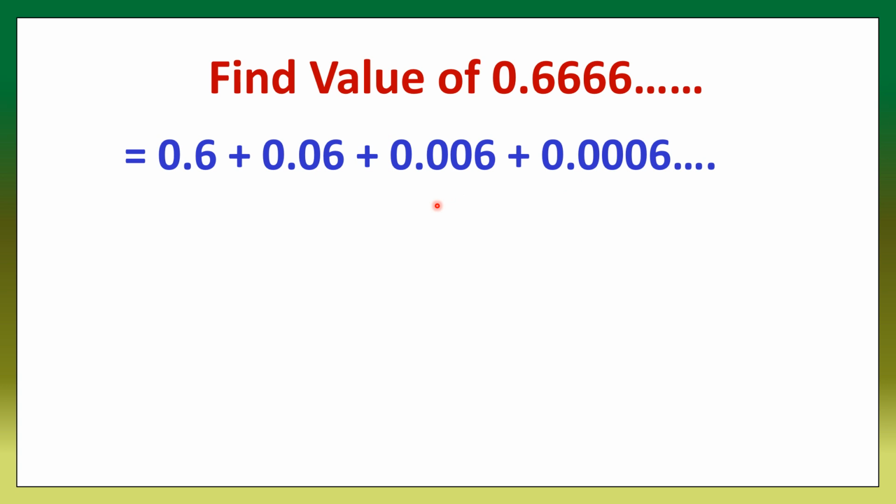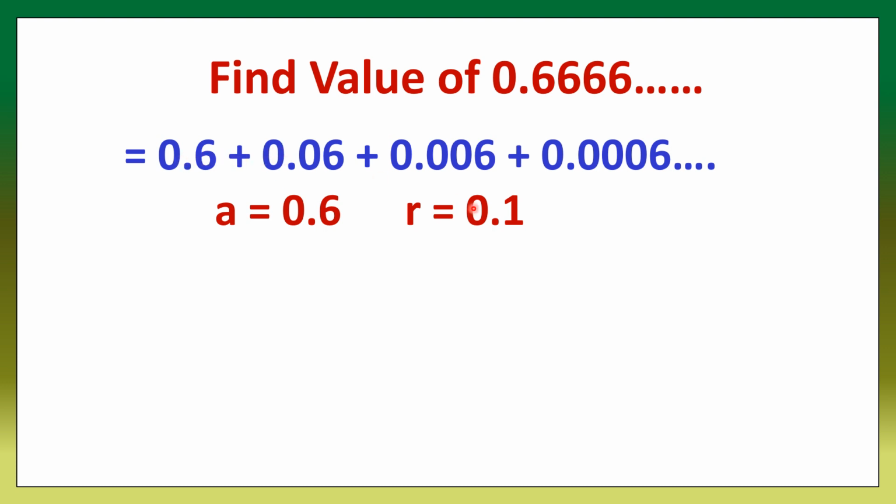Now we got a series in GP. Let us try to solve it. It is infinite. It goes like that. So it is infinite, and hence we can apply the formula for infinite GP. A is given 0.6, and R is found out by dividing the second term by the first term.